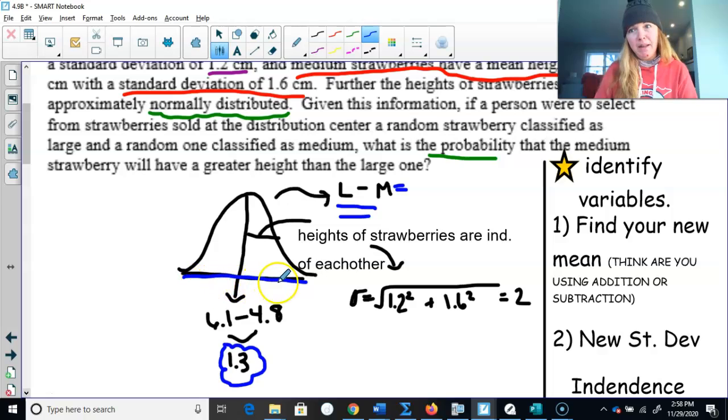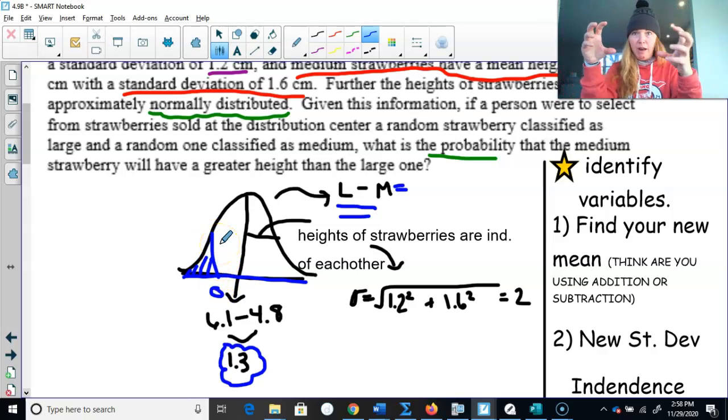And on your number line, guys, that's going to be anywhere where my observation is less than 0. Because at 0, what am I saying? If I take 2 strawberries and subtract their heights and I get 0, that means they're the same.